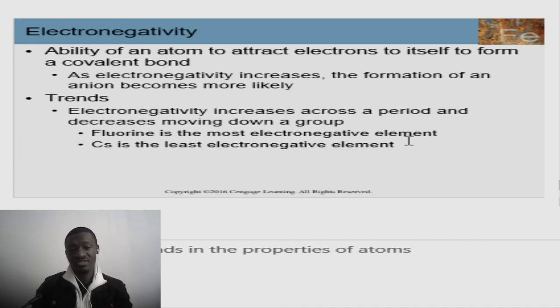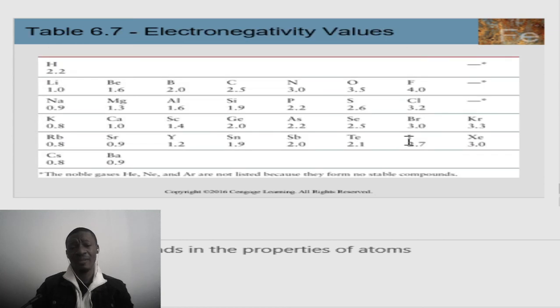So fluorine is the most electronegative, with an electronegativity of 4.0, and then cesium is the least electronegative, I think it's 0.8.